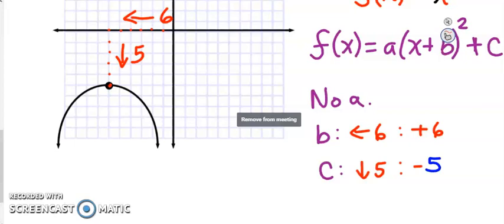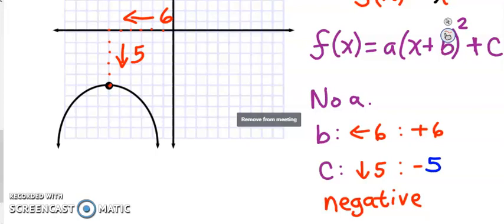Normally a parabola opens up, but this one's opening down. So that means that we have a negative happening here. So there's no A, but there's a negative in front because it flipped the function.